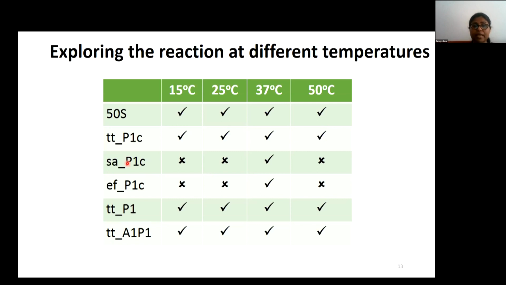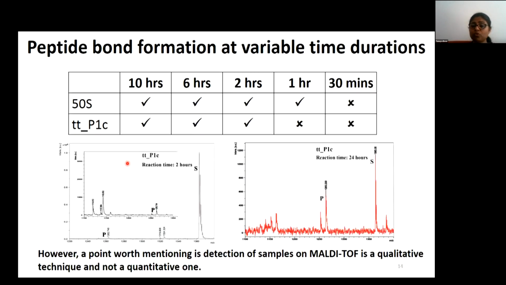Next, we wanted to look into the role of time, because as you see, the product formed is quite less in comparison to the starting material that is left behind. So we wanted to understand the role of time on the reaction. We lowered our reaction time from 30 minutes, and we saw that at 30 minutes, even 50S was not able to form the product.